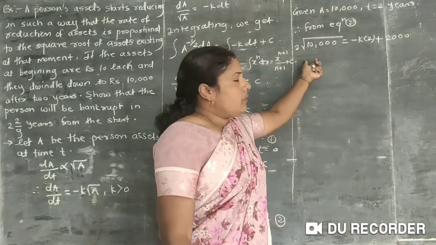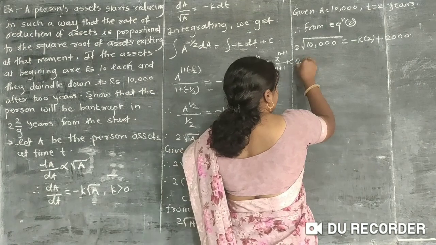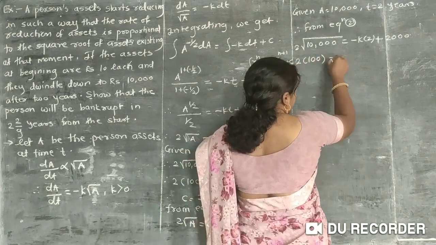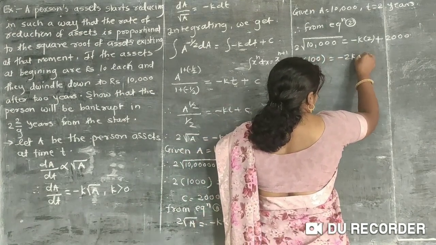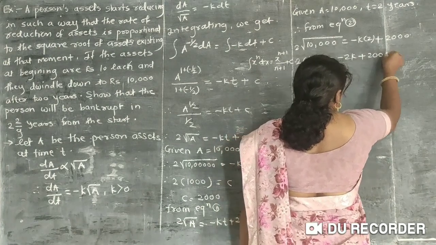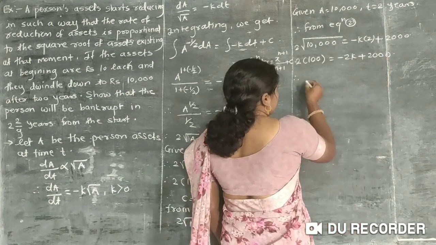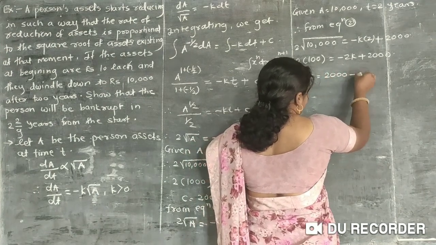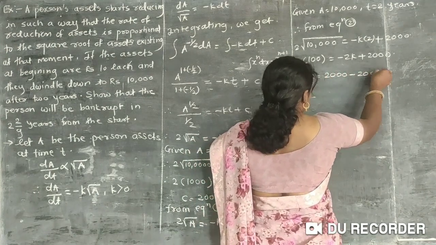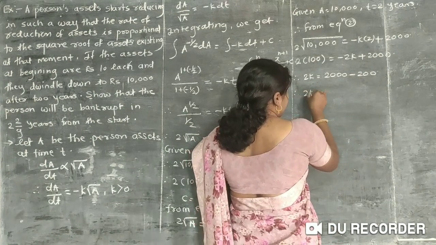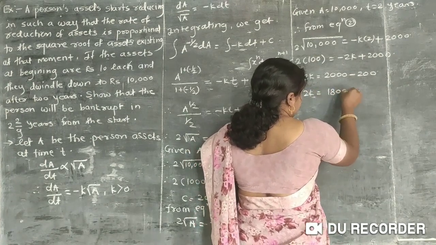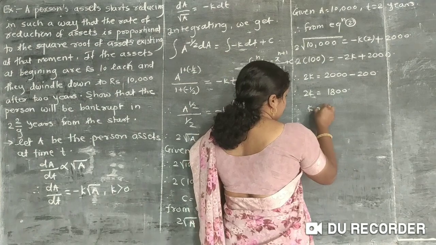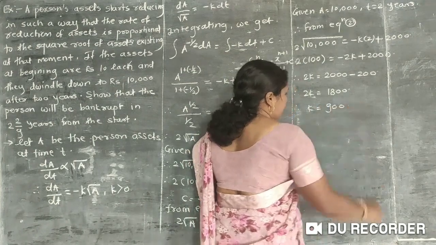Square root of 10,000 is 100, that is 2 into 100 is equal to minus 2k plus 2,000. Therefore, we get 2k is equal to 2,000 minus 200. Therefore, 2k is equal to 1,800. Therefore, k is equal to 900.